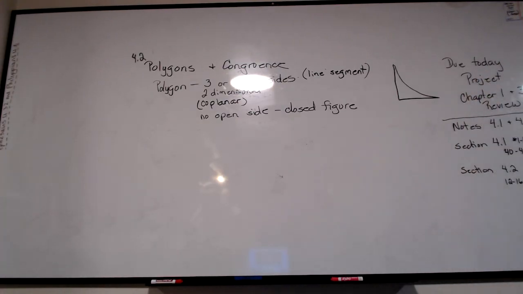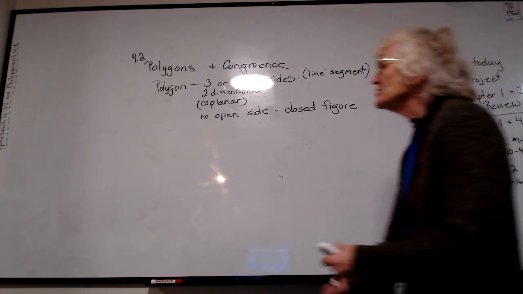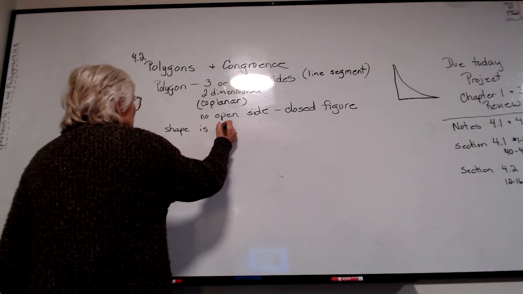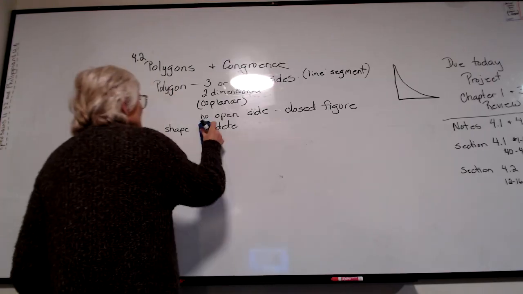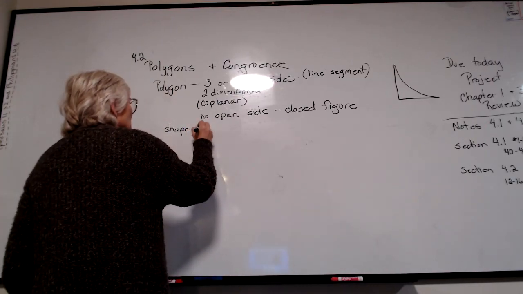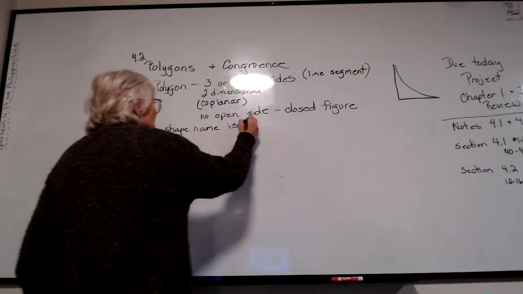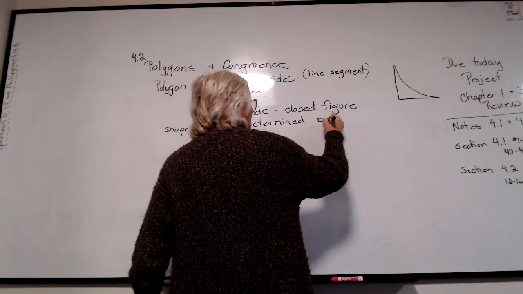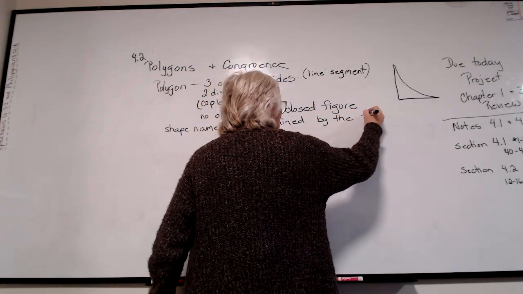How do we name polygons? I should say, how do we know if it's a triangle, a quadrilateral, a pentagon? Based on how many sides it has. Yeah, so the shape name is determined by the number of sides.